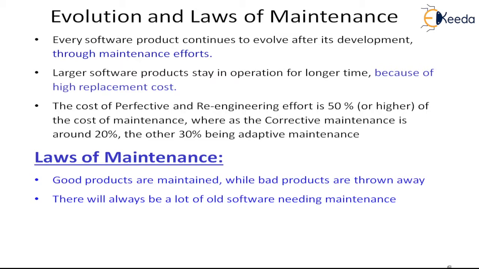Today you might be thinking it is new, you have developed it, but the software will live for 10 years. So by then, the platform might have changed, the method of architecture might have changed, so many things in the software engineering technology might have changed, techniques might have changed, so the software will become old. So the older the software becomes, the more maintenance it needs.